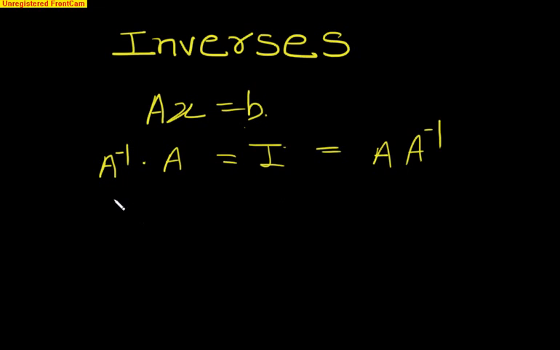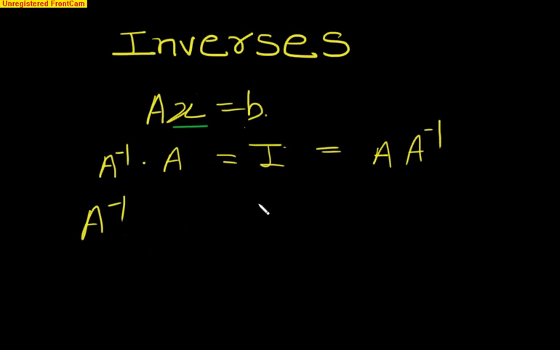Suppose somehow I get the inverse of the matrix, A inverse. Then our aim is always to find X. Now how can you find X?